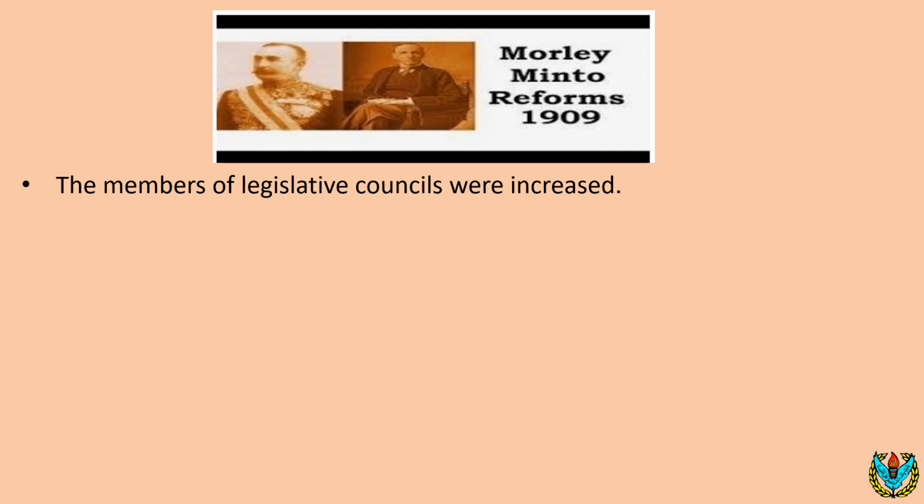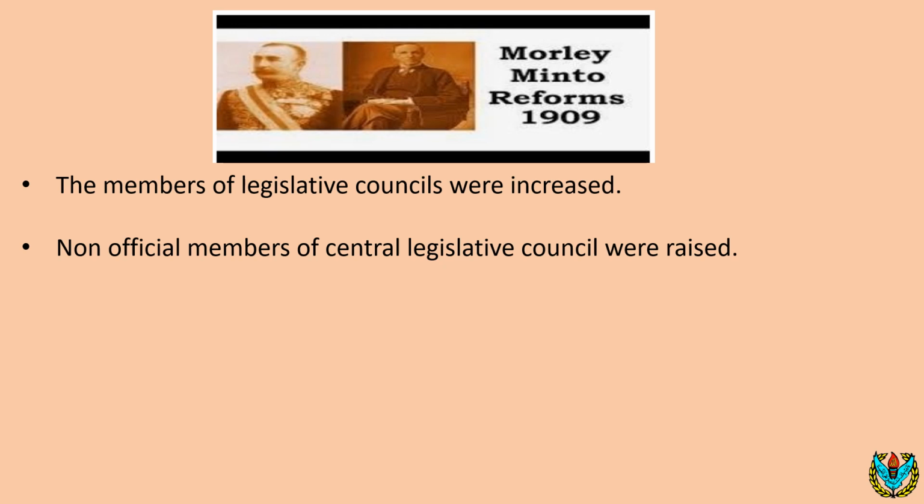A budget is a financial plan for a defined period. Number 2, the maximum number of non-official members of the Central Legislative Council was raised from 16 to 60, who were selected by the provincial councils and different sects.